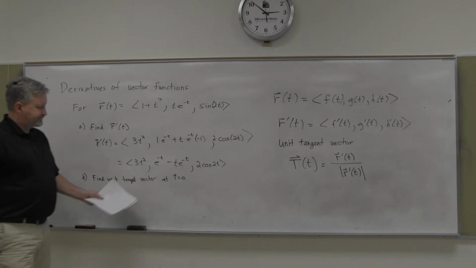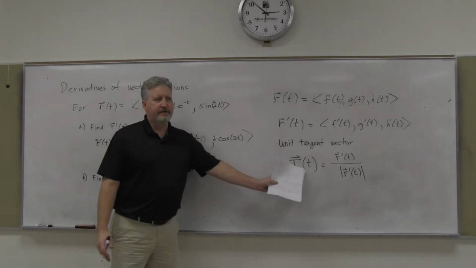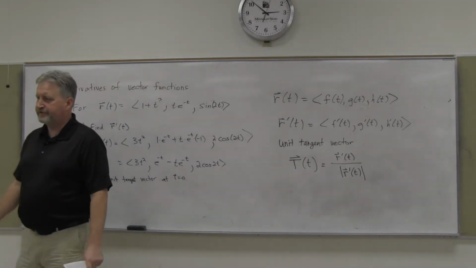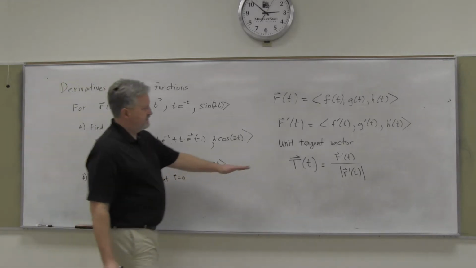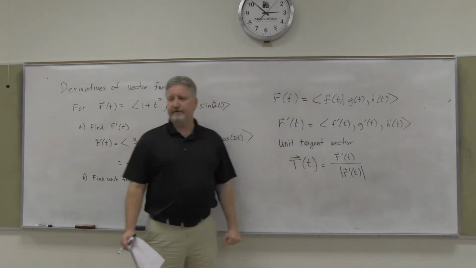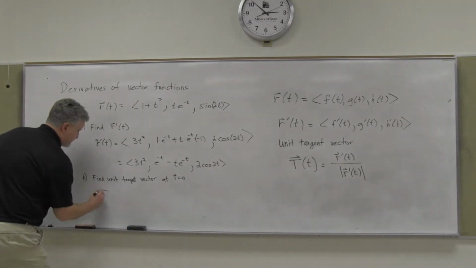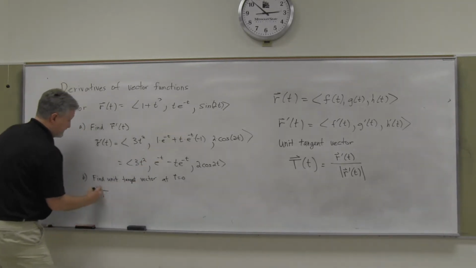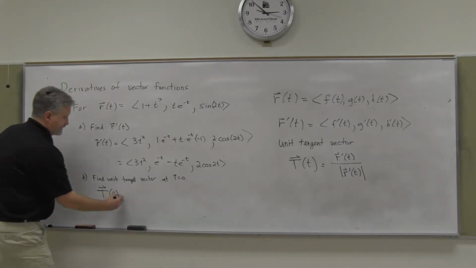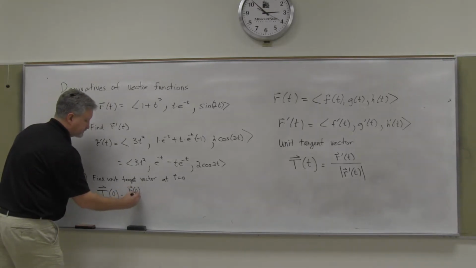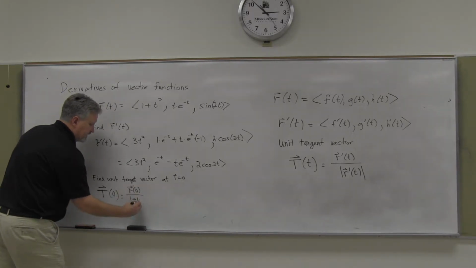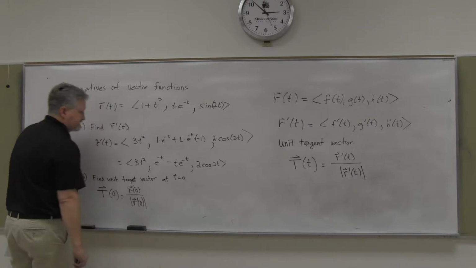Usually what we want is a specific t value here; the unit tangent vector is a specific value. So this unit tangent vector, the T vector at 0, is just going to be r prime of 0 divided by the magnitude of r prime of 0.